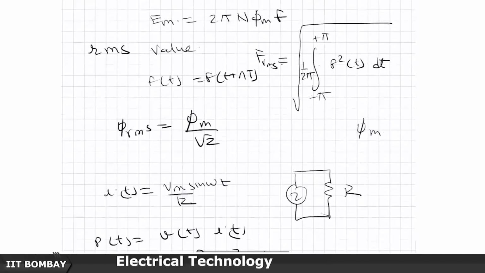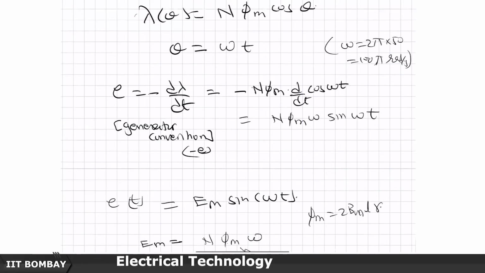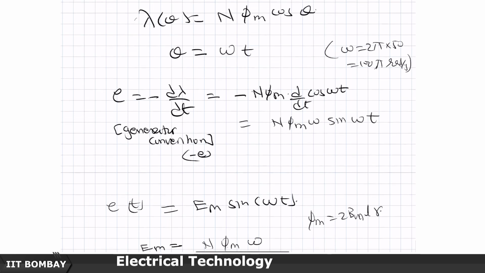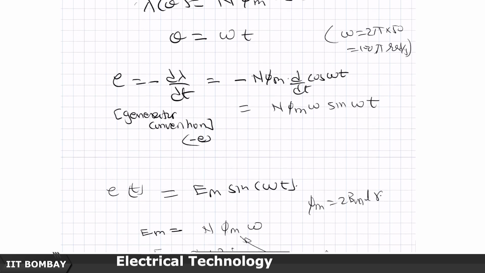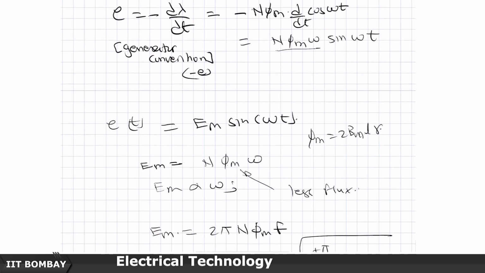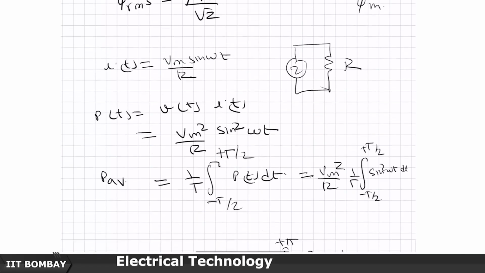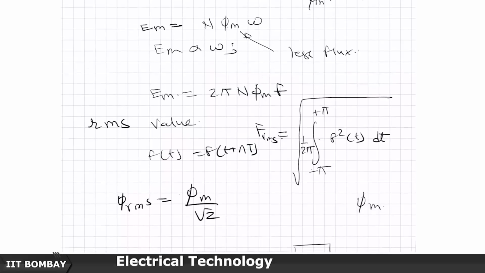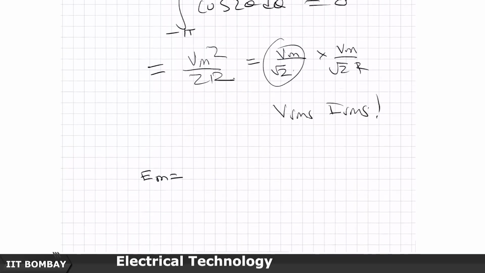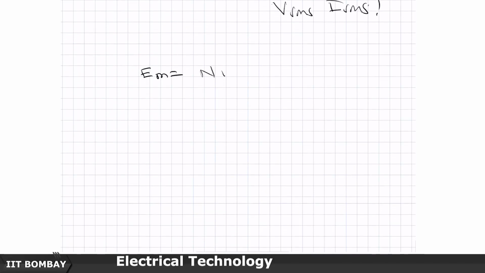So, this RMS value is very fundamental to us, and this E m, the peak voltage, which is n phi m omega.